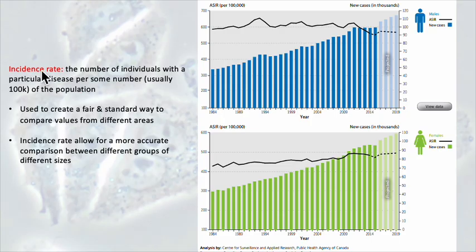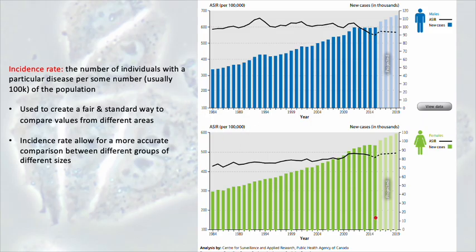That's the incidence rate. So this allows us to create a fair and standard way to compare values from different areas geographically. So we can more accurately compare between different groups of different sizes even as well, if we can standardize it by the number of individuals.